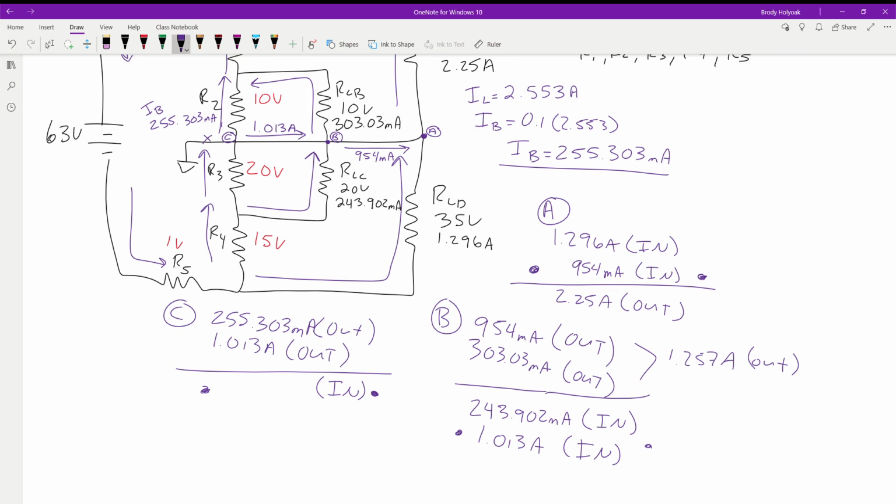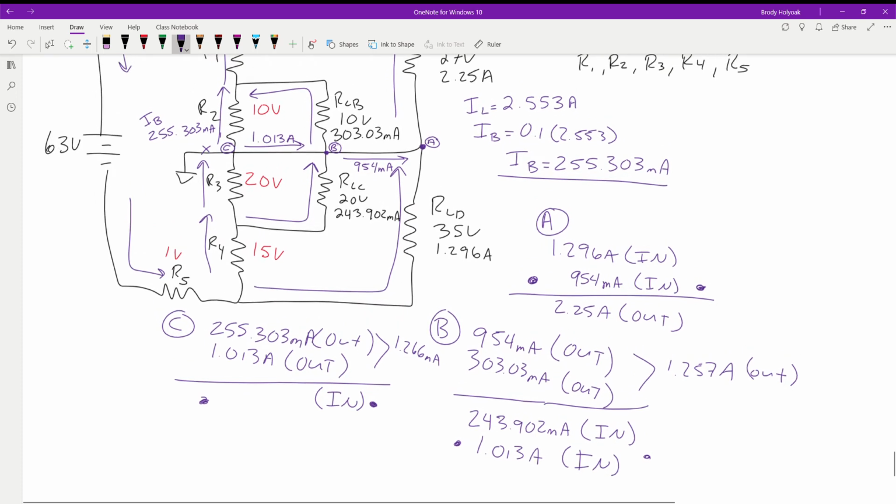So with this one, since we only have the one connection, we're going to simply add our outs together. And this gives us 1.266 milliamps. So I know coming into this node right here at point C, I have to have 1.266 milliamps coming into it. Sorry, 1.26 amps.